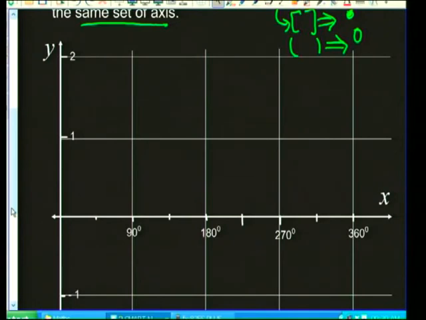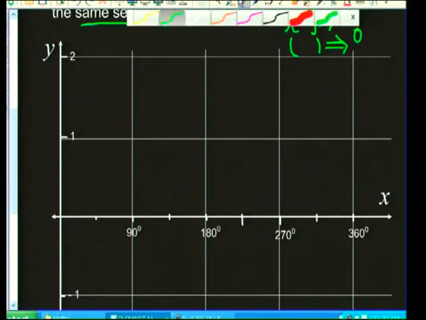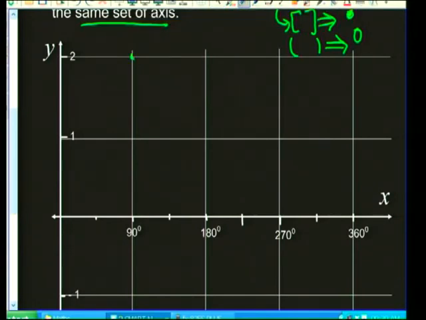Let's get our pen again. At 180 it's 1. 270 is 0. And 360 is there. So if you join those, I prefer doing it this way.